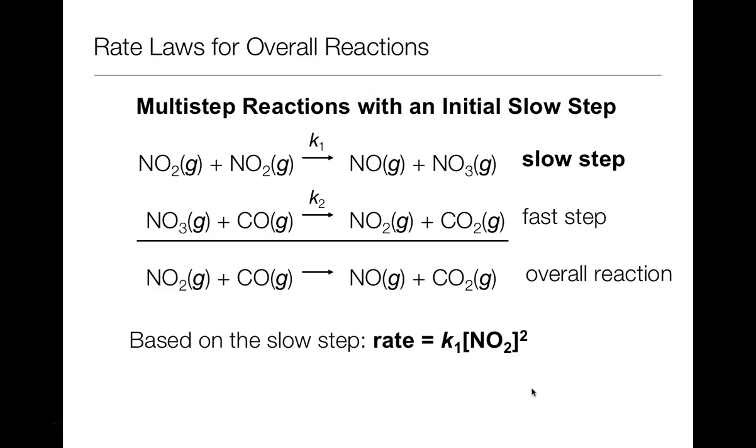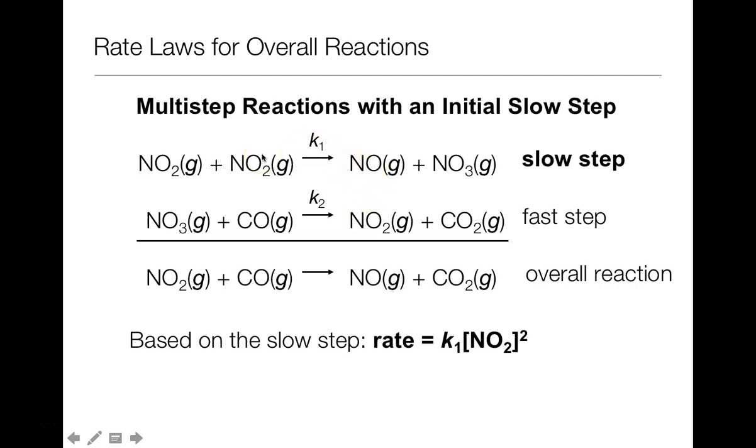So let's take an example with the very first reaction. So we're going back to our NO2 example. If the very first reaction is the slow step, so that means if we're comparing K1 to K2, K1 is much, much, much smaller than K2. So let's think physically what's happening.